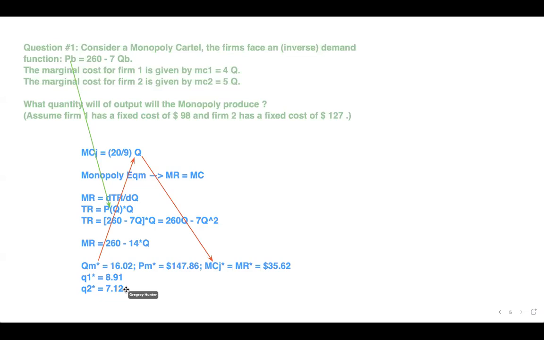Anyway, that's just something that falls out of our solution, and it makes perfect sense, right? That if you're trying to maximize profits, you would utilize your low cost resource first. But yeah, that comes out in our mathematical solution.